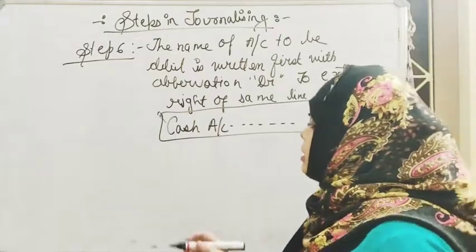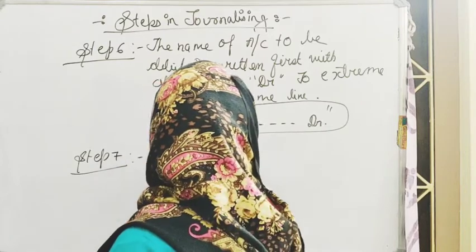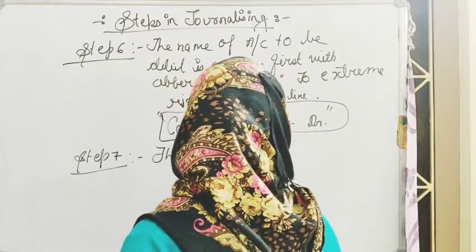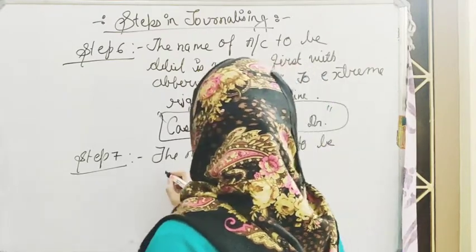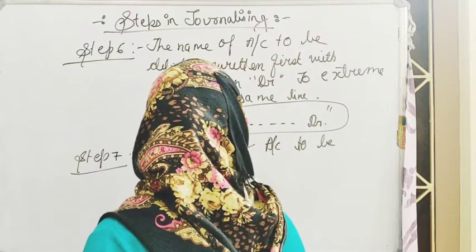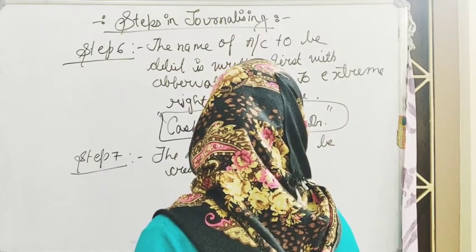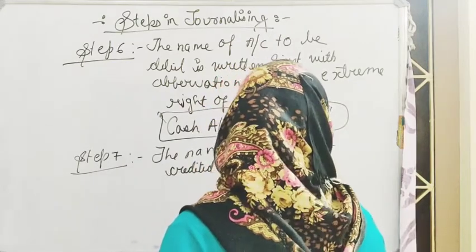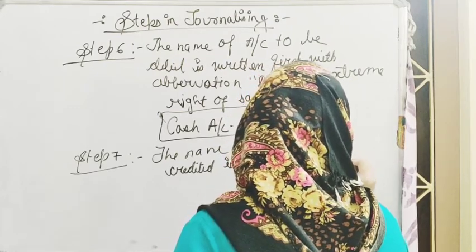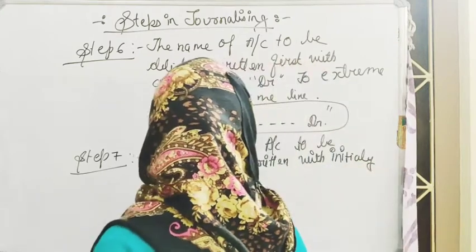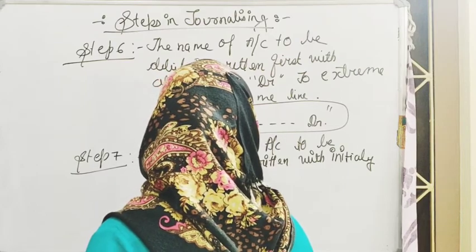Now coming to the credit account. Step 7: the name of the account to be credited is written with 'To' initially, leaving some space.